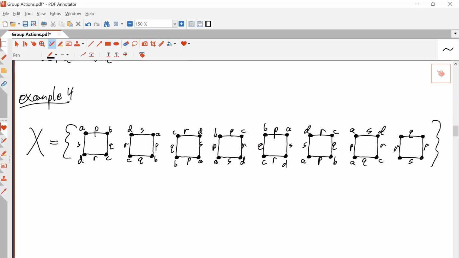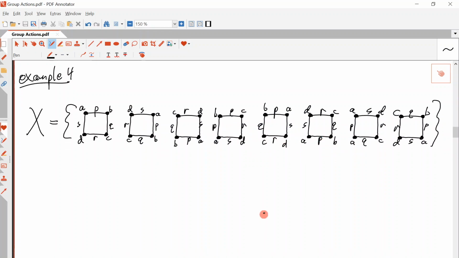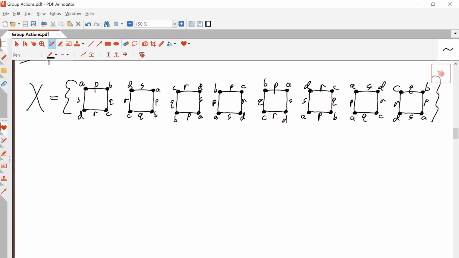And then the other, so A and C get swapped, B, D. All right, so X is the set of squares with edges and vertices labeled, starting with this label, and then applying dihedral symmetries to that to get all these other labelings, the 8 total labelings here.